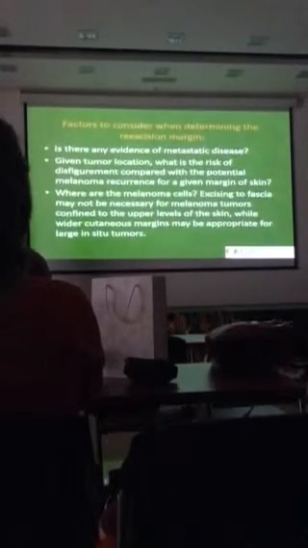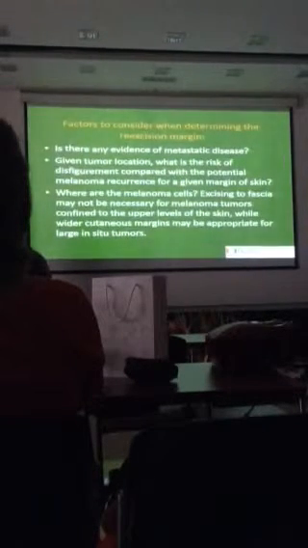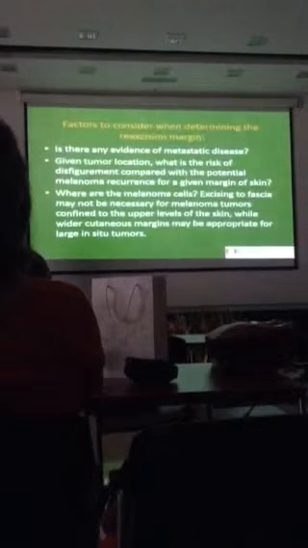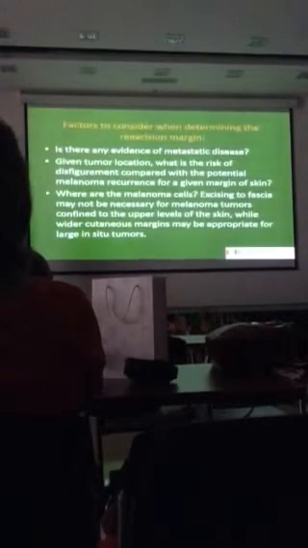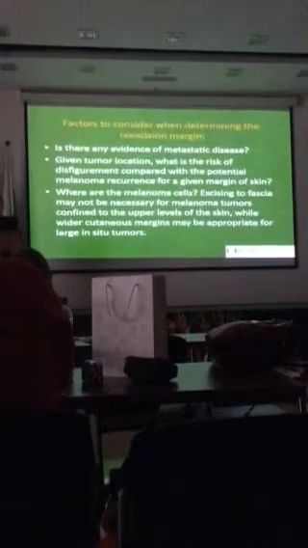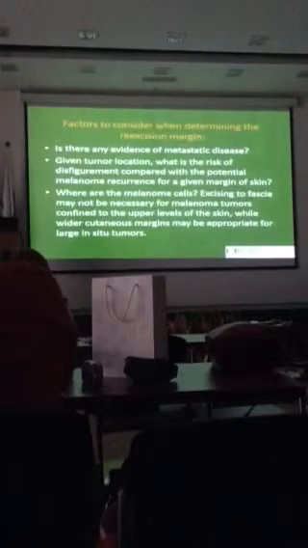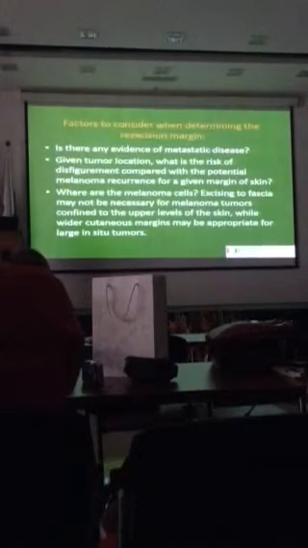You may have to go wider than that. But it probably doesn't make any sense for an in situ tumor to go clear to fascia. So be aware, these are guidelines to the extent that you can follow them, but there is flexibility, and the patient needs to come first, and these things can be changed depending on the patient information.